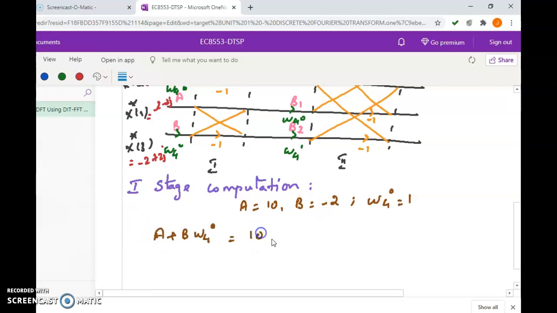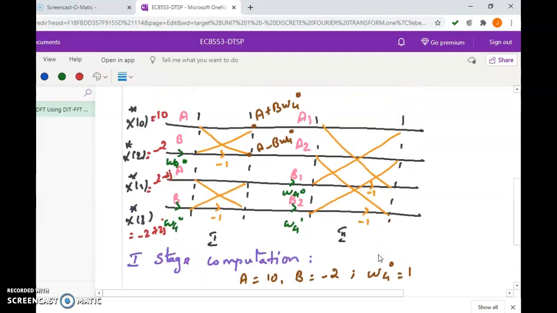Here A value is 10 plus B value is -2 into W40 is 1. So 10 minus 2 is 8. Then A minus B W40 equal to A is 10 minus B, then B is -2 into 1. So minus into minus plus. The first stage output is 8 and 12.